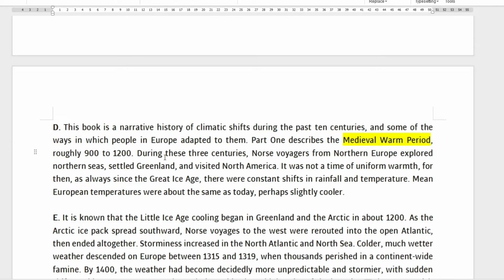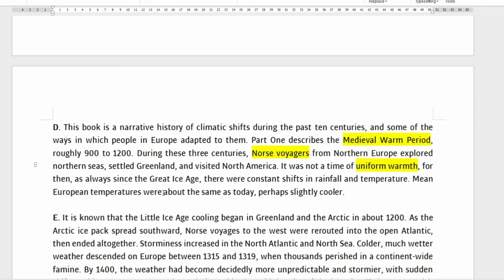During these three centuries, Norse voyagers from northern Europe explored the North Seas and visited North America. It was not a time of uniform warmth, for then, as always, since the Great Ice Age, there were constant shifts in rainfall and temperatures.